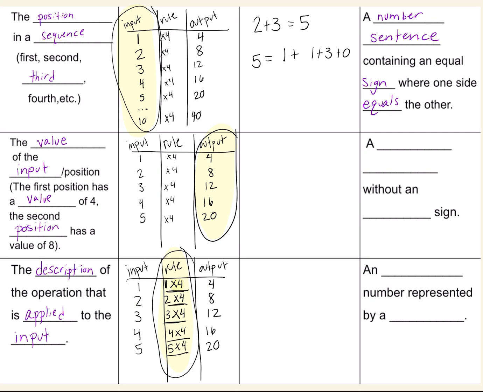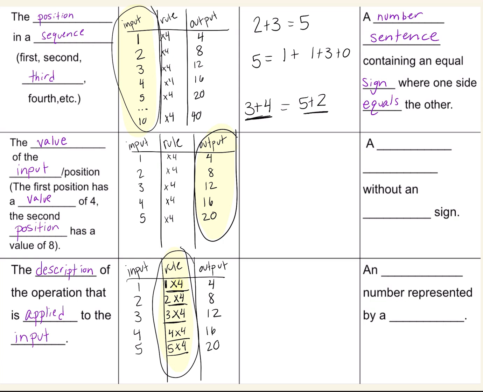An equation also can have things on both sides. 3 plus 4 equals 7, but 5 plus 2 is also 7. So this side equals 7 and this side equals 7, which means 3 plus 4 is equal to 5 plus 2. So make sure in your foldable you write that in. Pause if you need to.